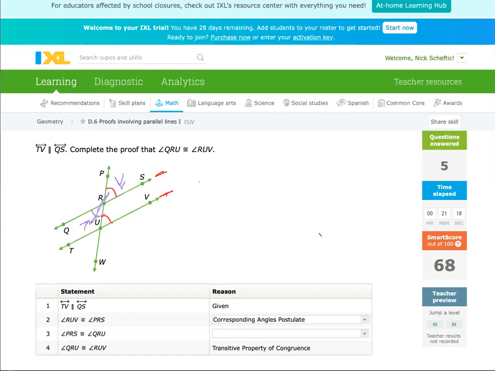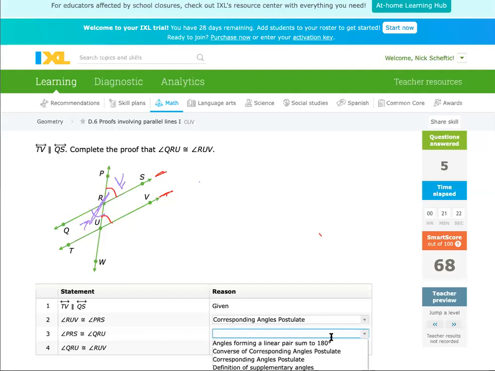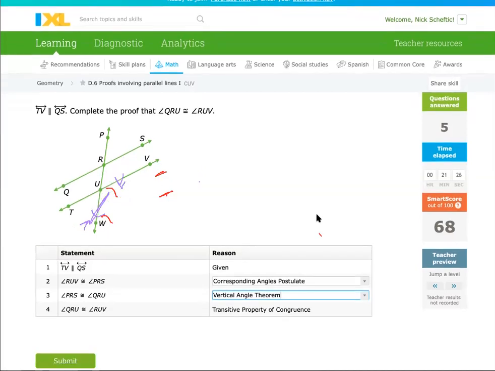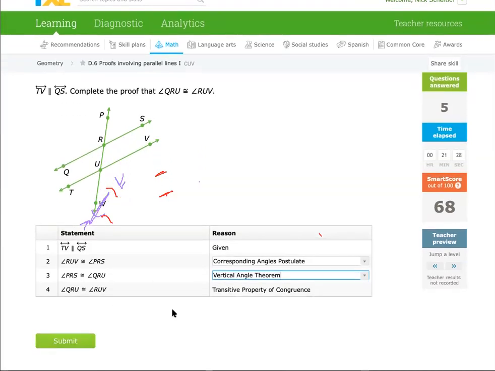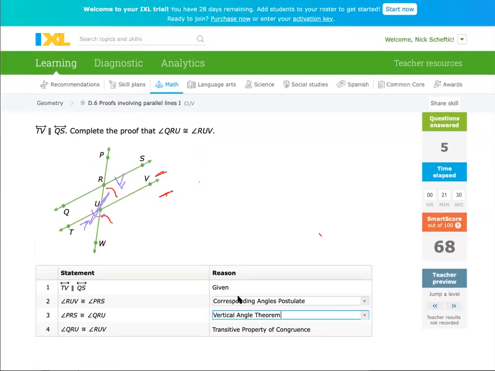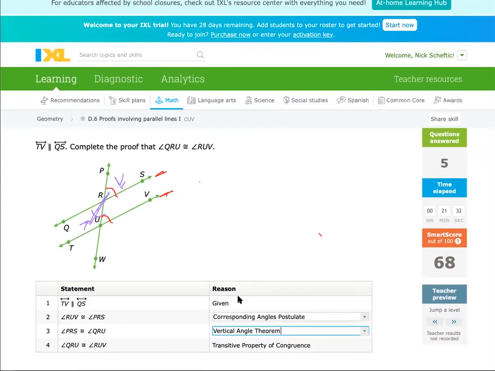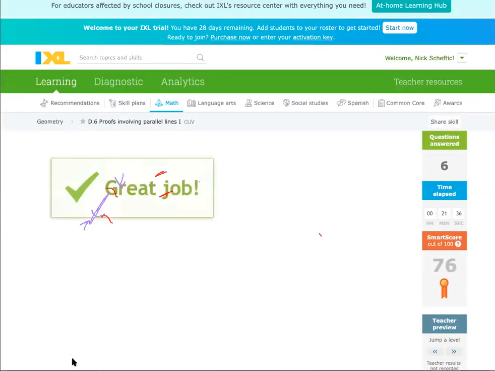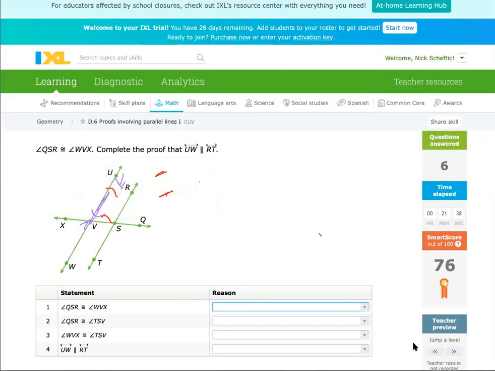These angles are across from each other right there. This is the vertical angle, so this is the vertical angle theorem. The two lines are across from each other there. And then the last one, they gave the transitive property of congruence, which is already given. So these two should be our reasons for the other two.